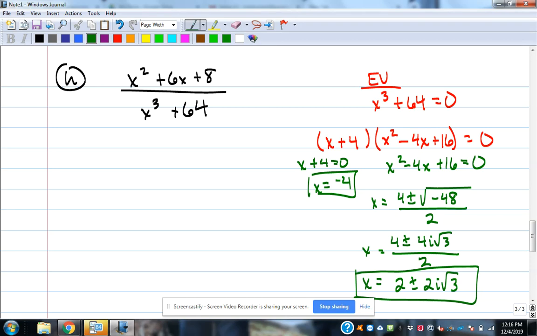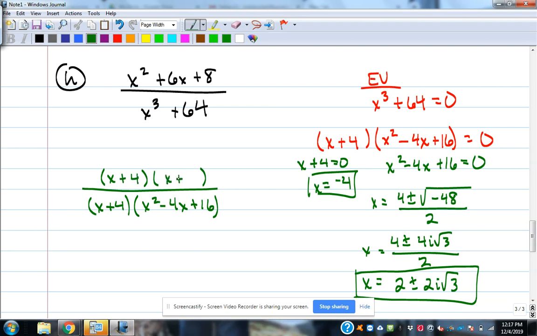And now we're going to factor the numerator. We've already got the denominator factored: x plus 4, x squared minus 4x plus 16. How does the numerator factor? Yeah, x plus 4 and x plus 2. Multiply to be 8, add to be 6.